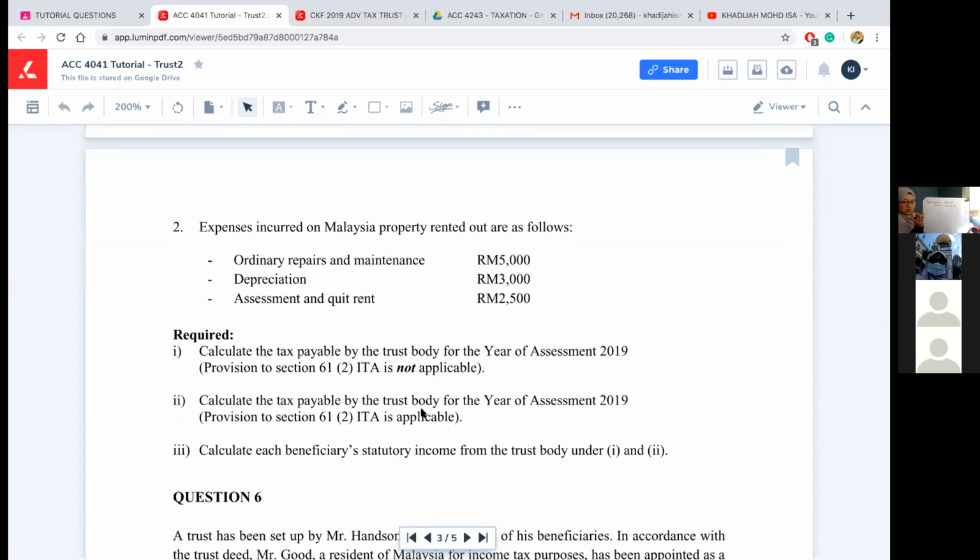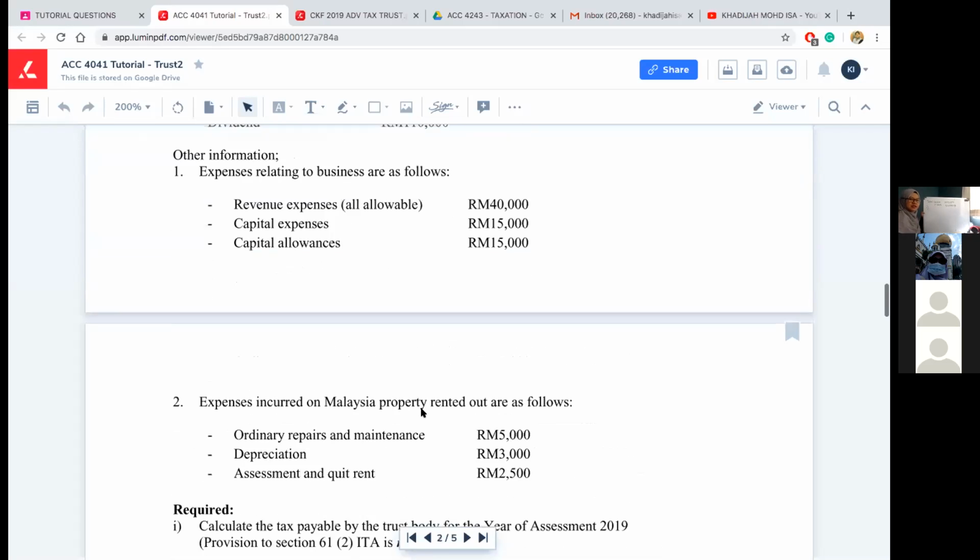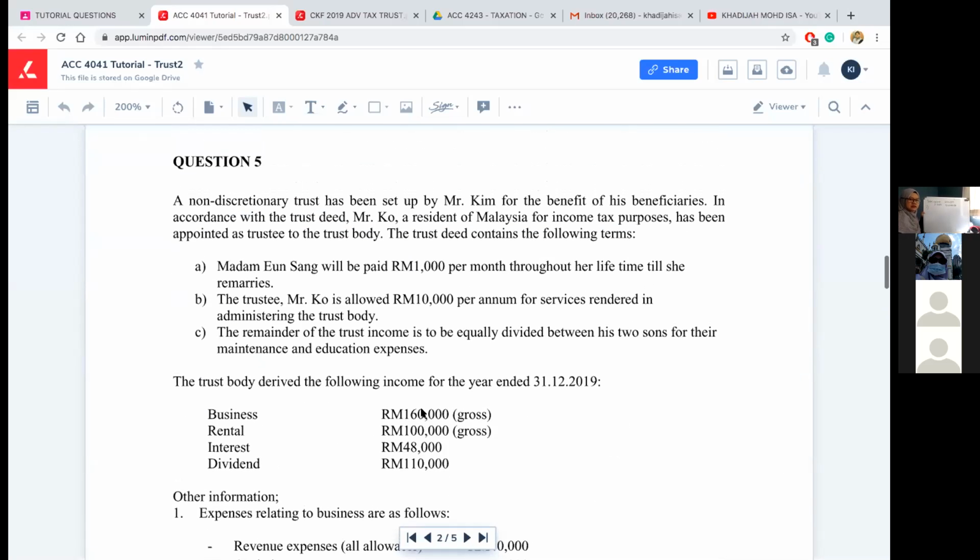Part 2, tax payable by the trust body for 2019 is 0. Because when you apply 61(2), there's no tax paid at the trust level, so the answer should be 0. The income of the beneficiary under 1 and 2. So let's see under 1. Who are the beneficiaries? Son 1 and son 2, equally divided.